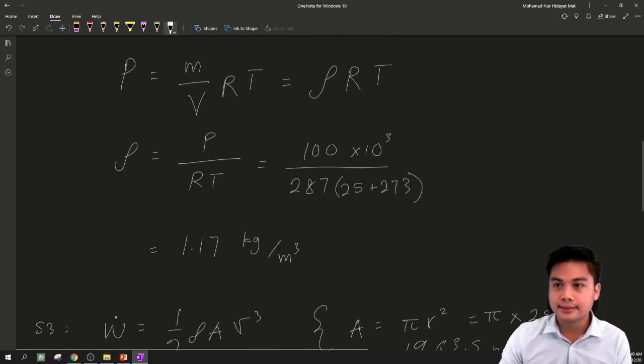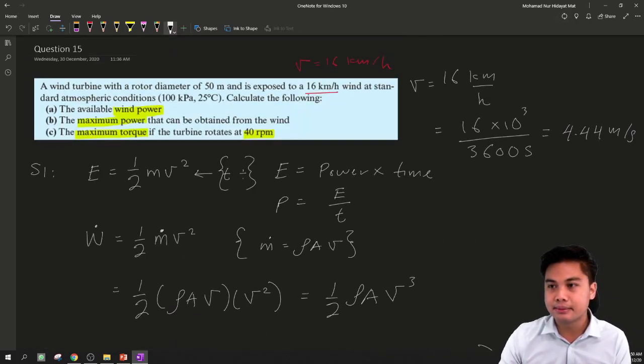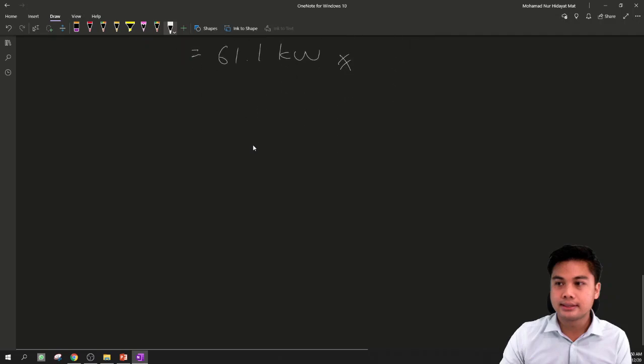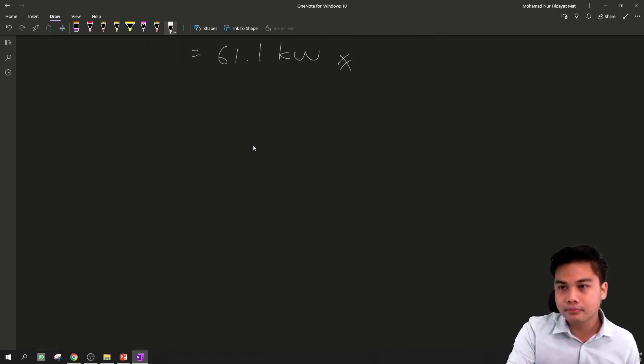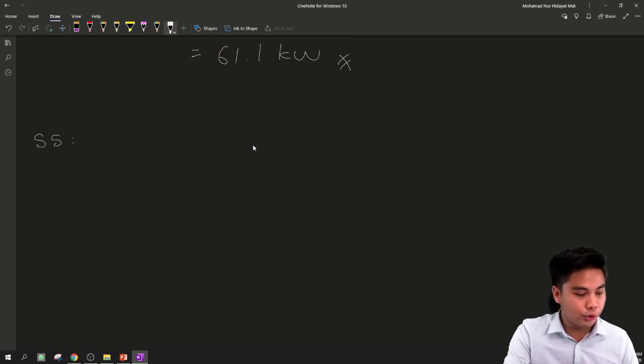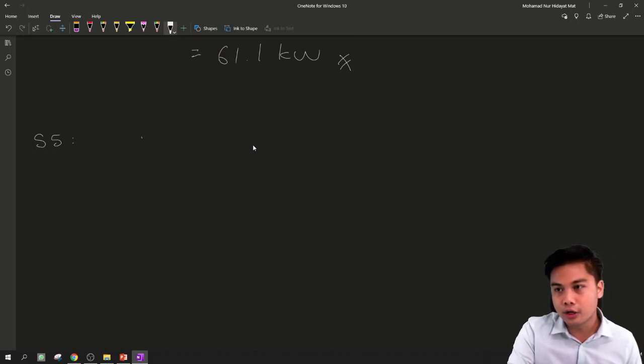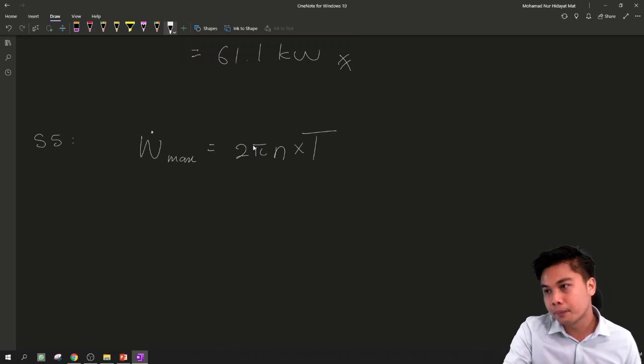And lastly, the maximum torque if the turbine rotates at 40 RPM. This is step number 5. In order to get the maximum torque, we use the maximum power output. The formula is W dot max equals 2 pi n multiplied by torque.